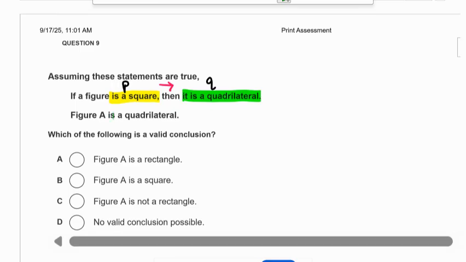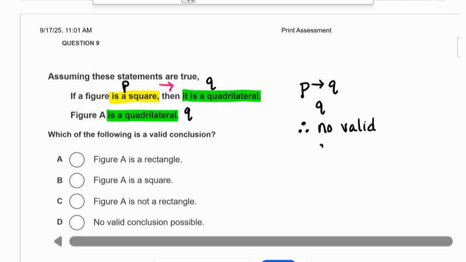That matches with Q, is a quadrilateral. Y'all, there is no law of deductive reasoning that goes P, Q and then Q. So this one has no valid conclusion. So that answer would be D.